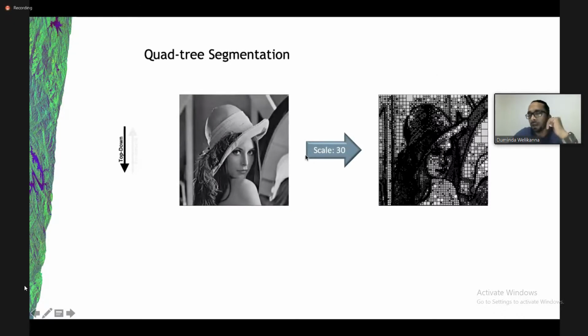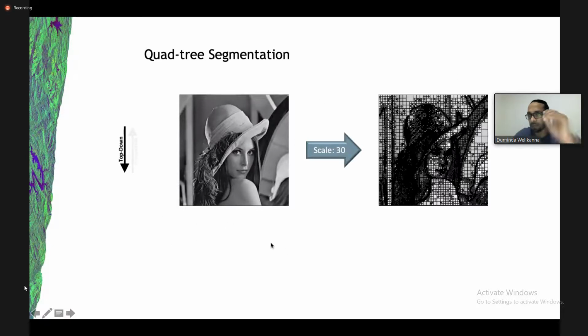So basically, you can also define objects on this image using quad tree approaches. You know what is a quad tree? You divide each pixel into quad tree format and assign classes. And actually this quad tree segmentation is deteriorating the original image.